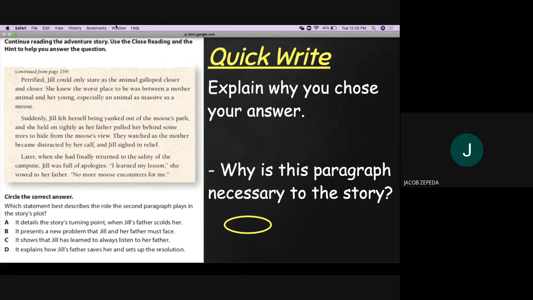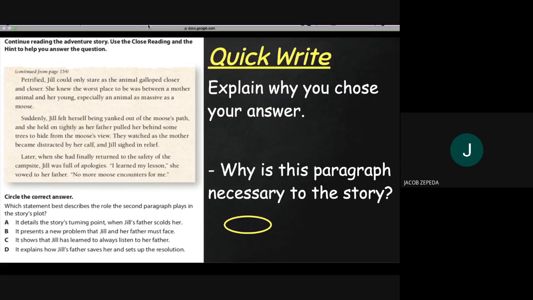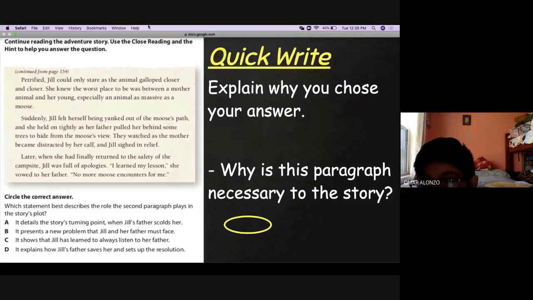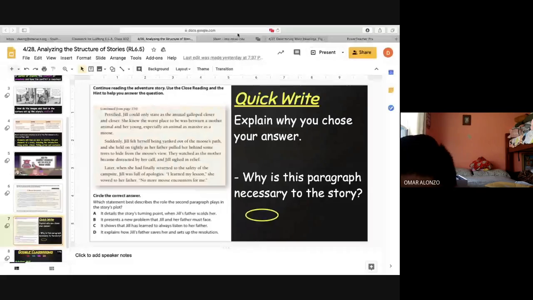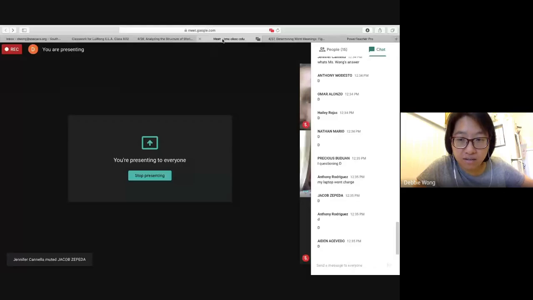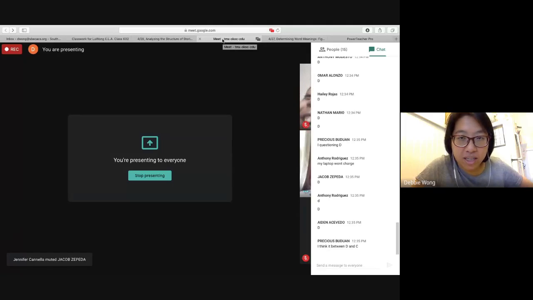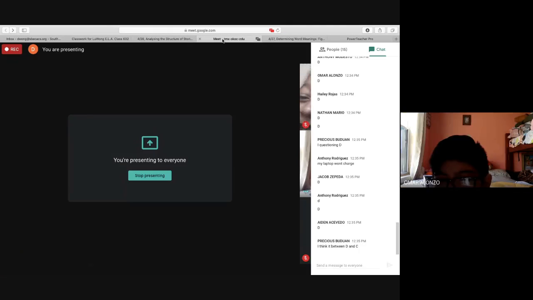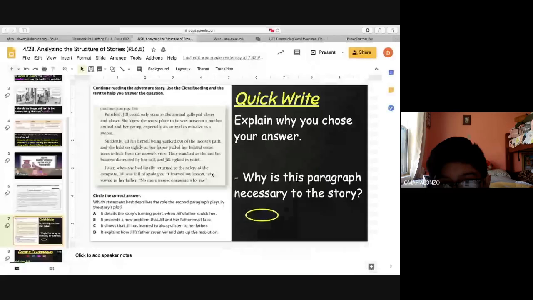It's D. Everybody type D. All right, Aiden, can you explain why you chose D? Somebody chose D and somebody chose C. Why did somebody choose D and C?